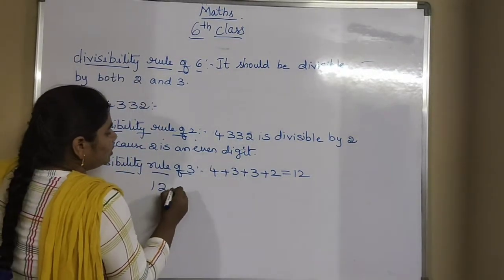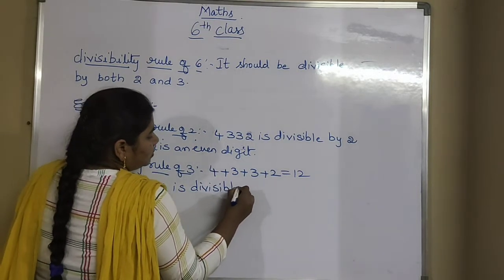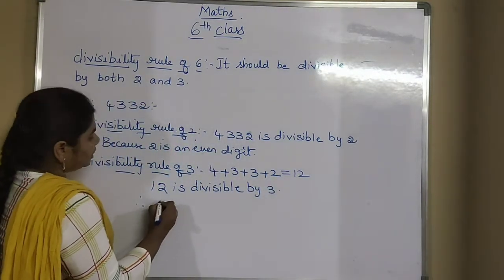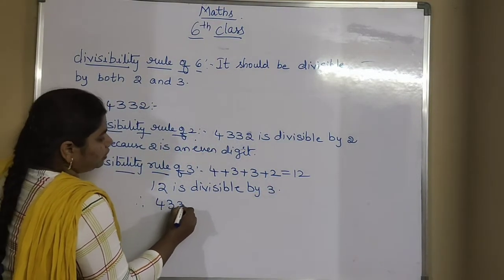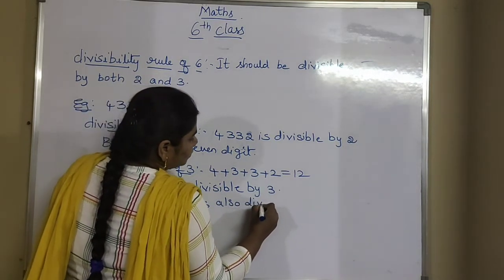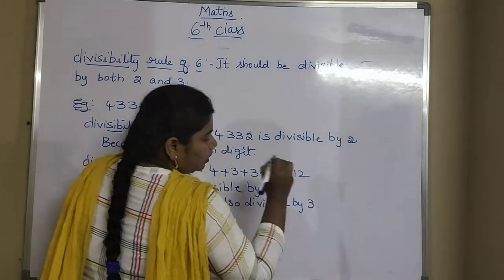So 12 is divisible by 3. So therefore the whole number, that is 4332, is also divisible by 3.